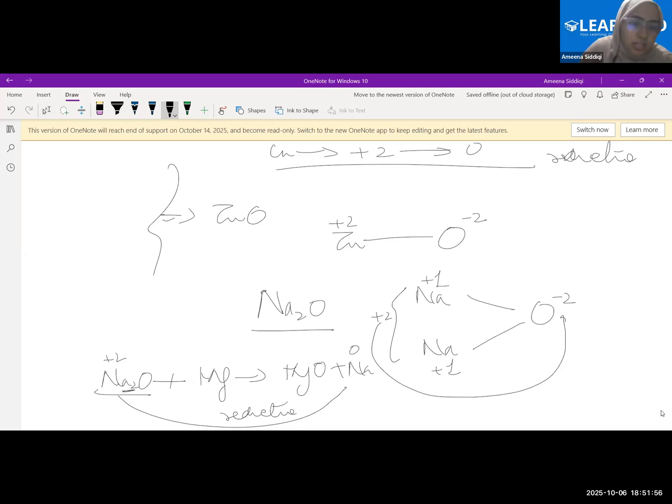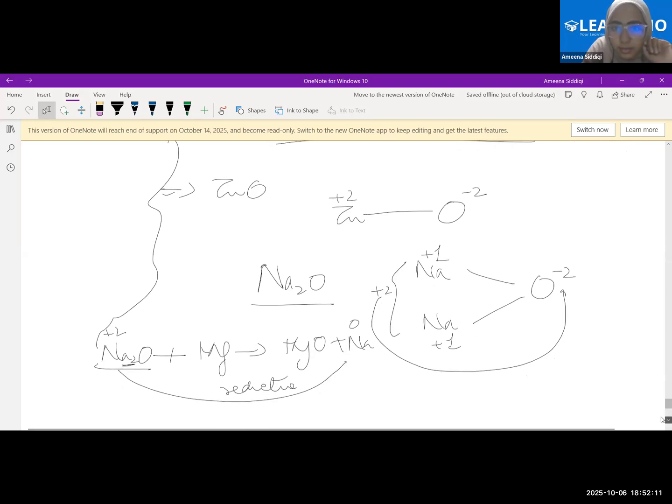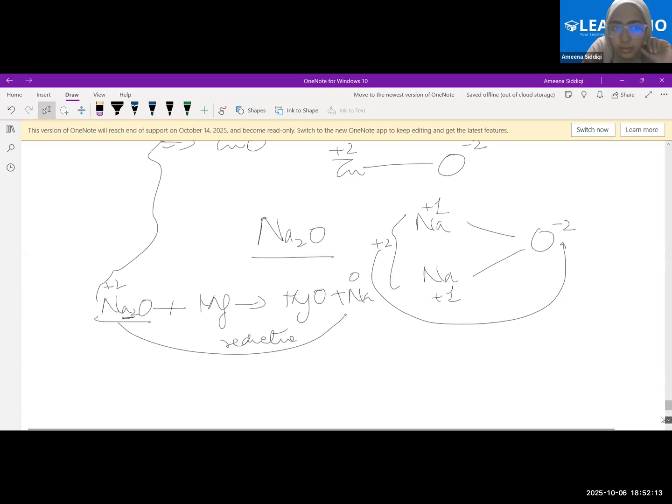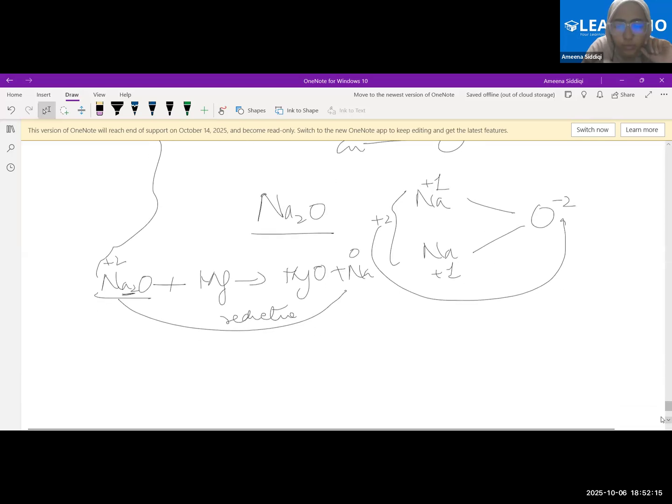This is not really much needed, but since one or two questions could be asked on this concept, I've explained this. You said there are two charges of Na, so one is +1 and one is +1, and both of them become +2. But for zinc, how do we know it's +2?